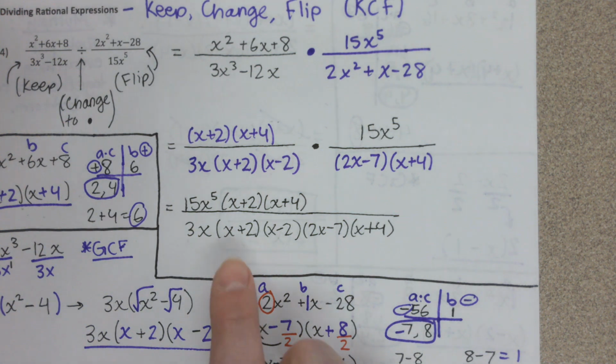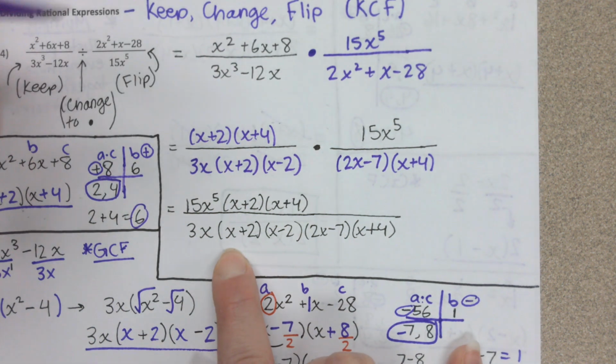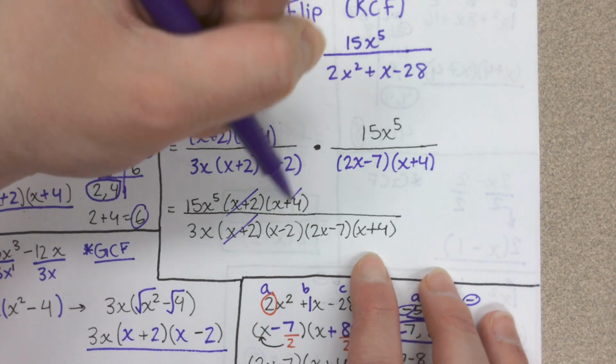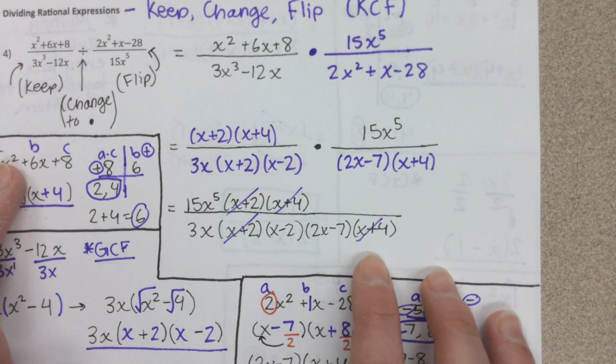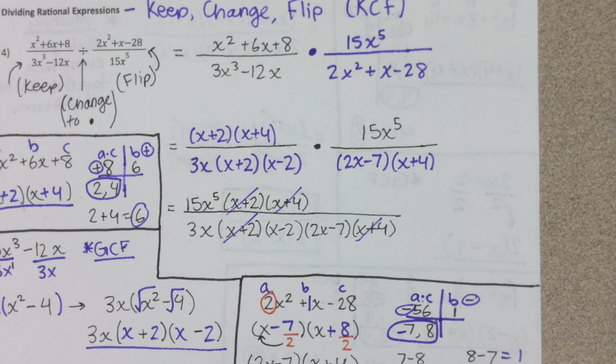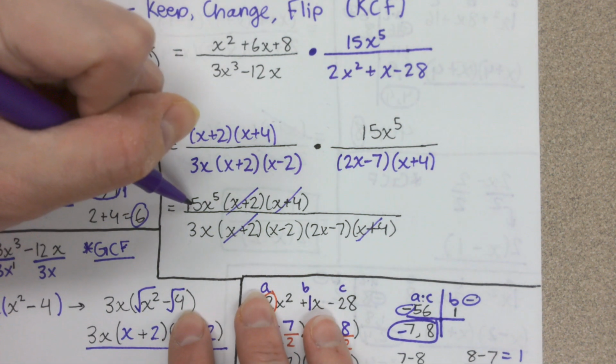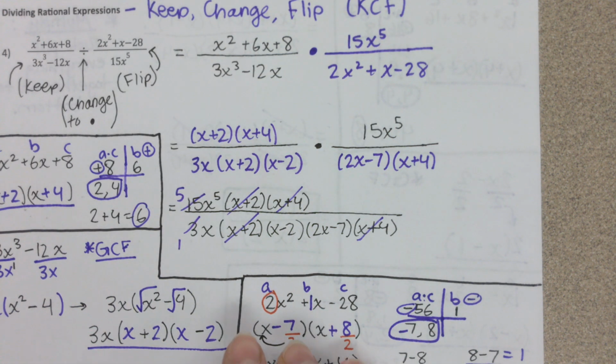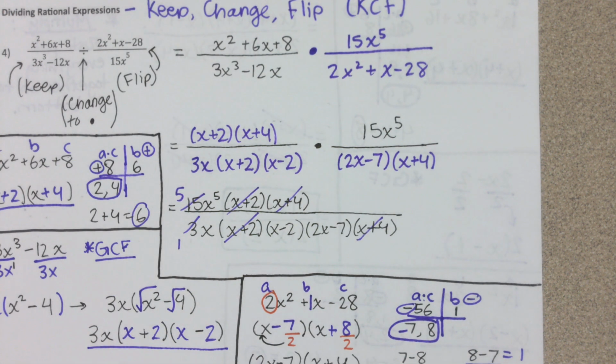I'll start with the parentheses. X plus 2 over x plus 2. Those both cancel. And we have x plus 4 top and bottom. Those also cancel. I'm going to come back to the monomials. Those do cancel as well because they are their own terms. They're not attached to a plus or minus. 15 over 3 is 5. 15 becomes 5, and 3 becomes 1. The x's, we can subtract the exponents here.